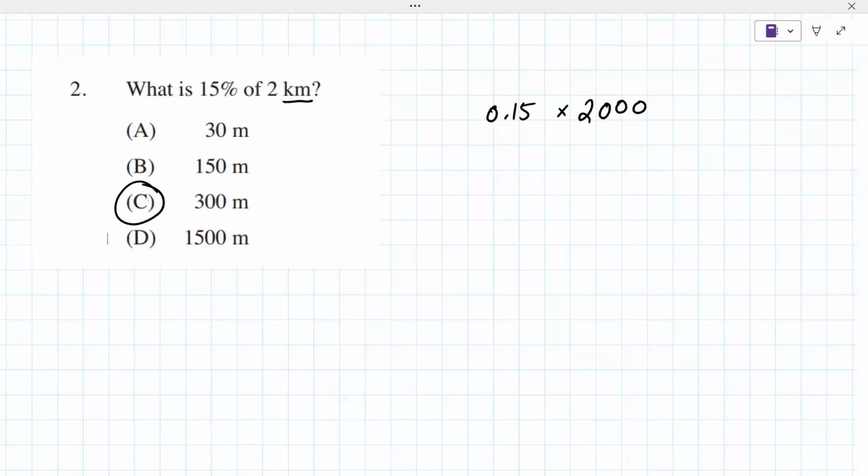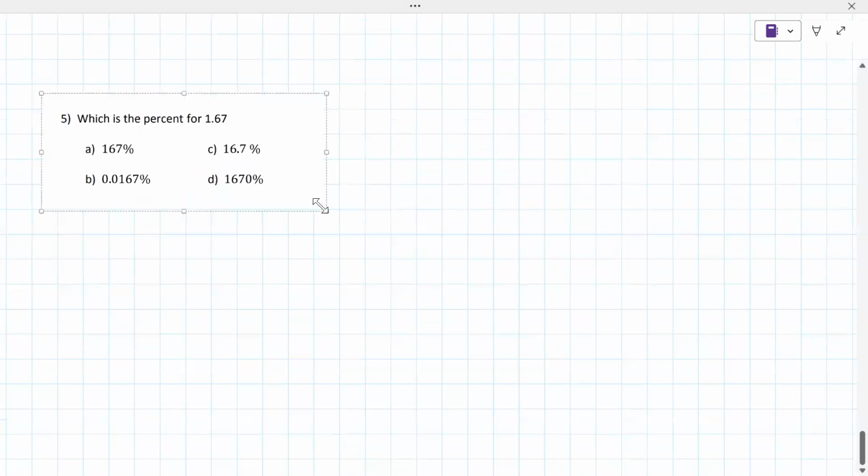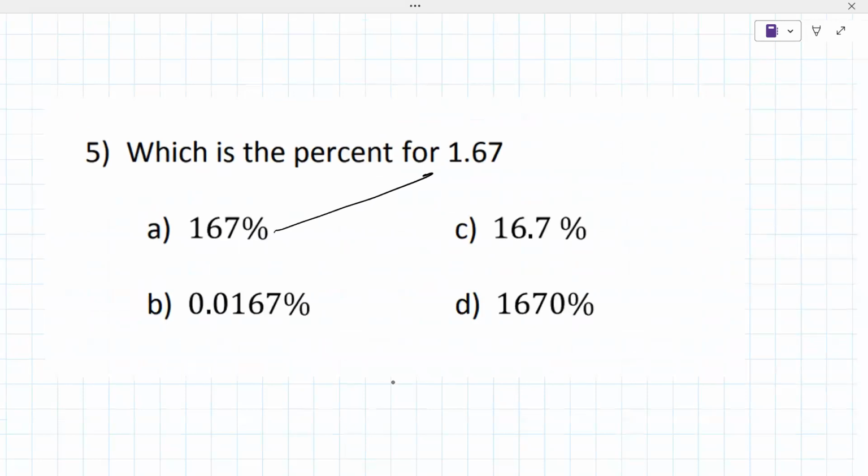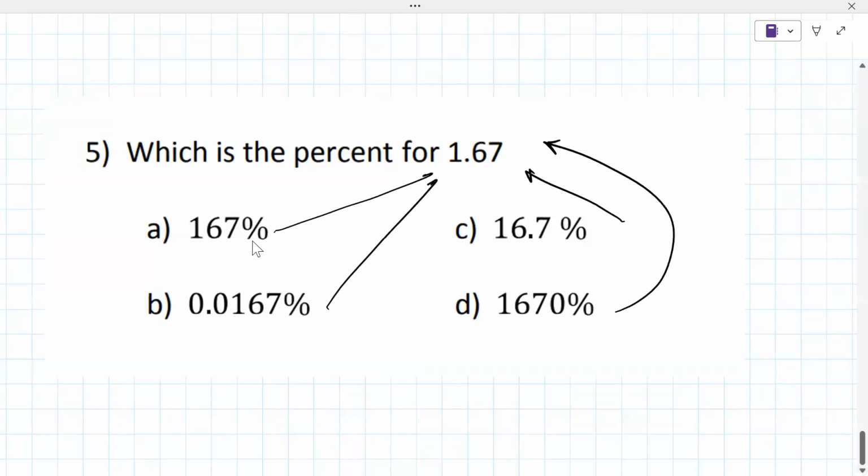Okay. So for this next problem, we talked at first how to convert percentages to decimals. So the way to do this problem is to take a look at each of these numbers and see which one converts to that. Starting with A, moving the decimal over like we talked about.